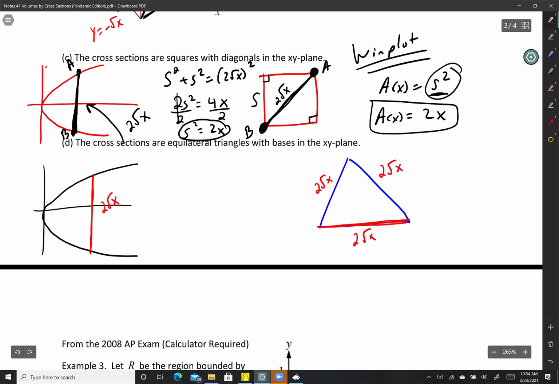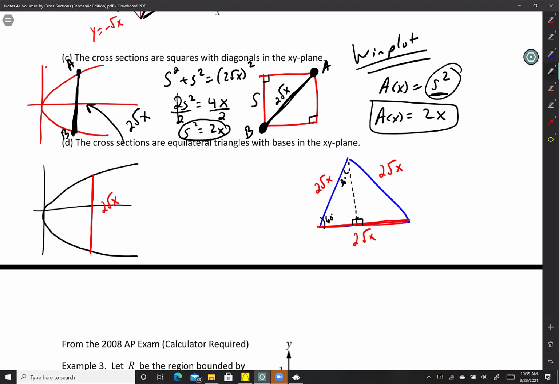If you remember from pre-cal, now you might not because we were in a pandemic, we can figure out the area of any triangle by going 2 square root of x times 2 square root of x times half times sine of 60. But if you don't remember that, it's okay. Area of a triangle is 1/2 base times height. Perpendicular height, guys. I need that height. This is 60 degrees, this is 30 degrees. This is a 30, 60, 90 triangle.